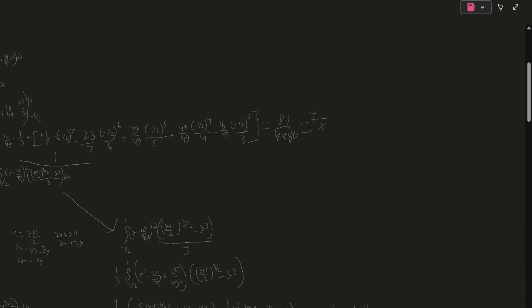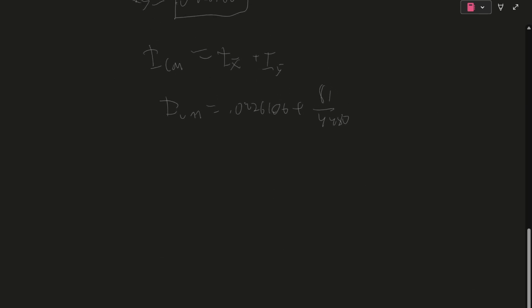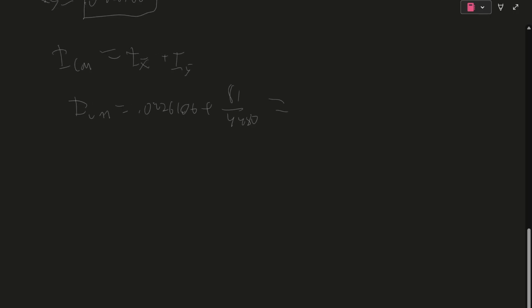And we can double check that value real quick. Yep, 81 there with that 4,480. Alrighty, and we're going to round to our first three decimal places that aren't a zero. Then we get our moment of inertia about the center of mass is equal to 0.0607.